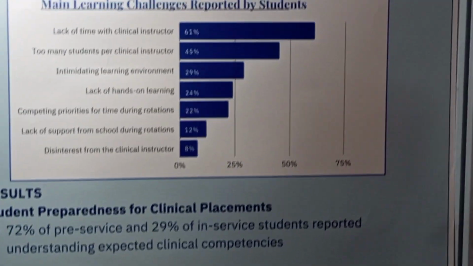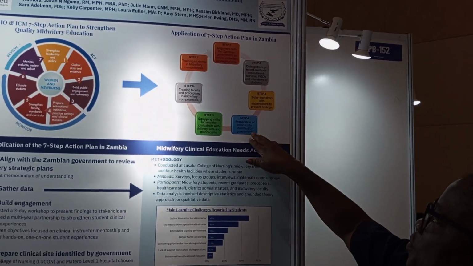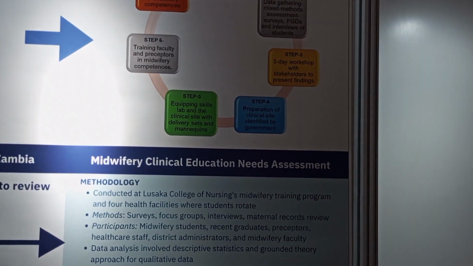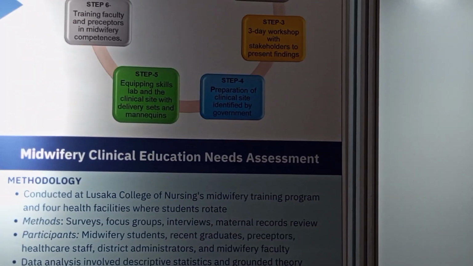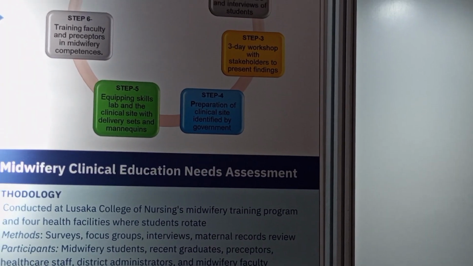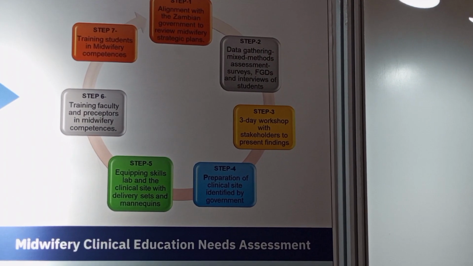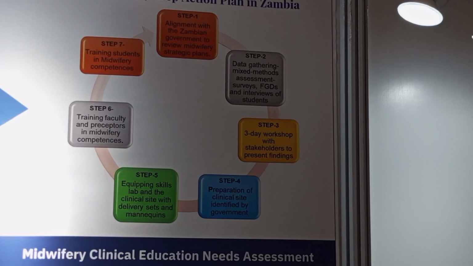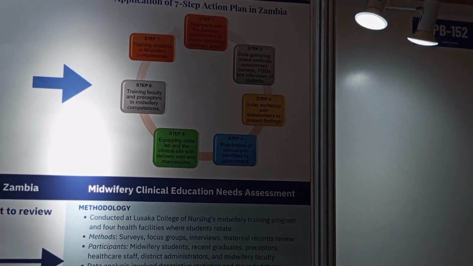So after the assessment, we used the results to prepare the clinical sites, which were identified by government. We equipped the first level hospital, Matero, with delivery packs. We also bought some mannequins for the skills lab so that the skills lab was adequately prepared.